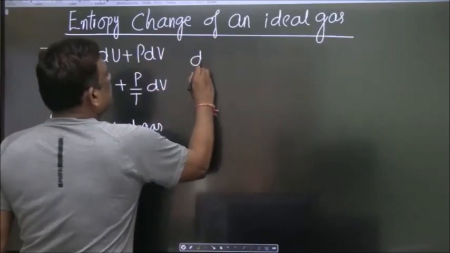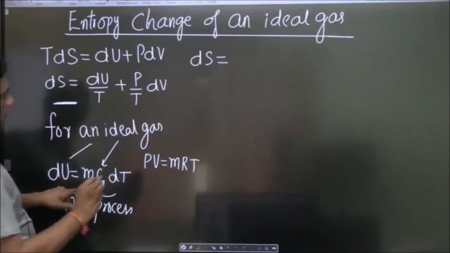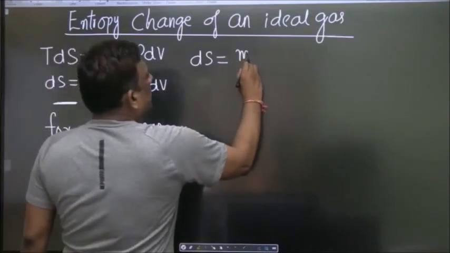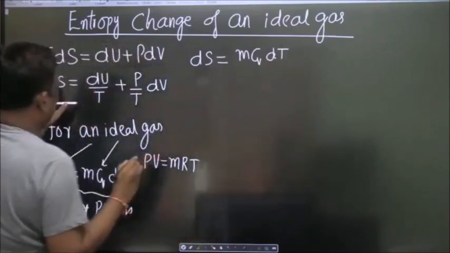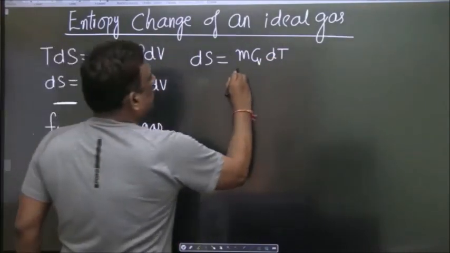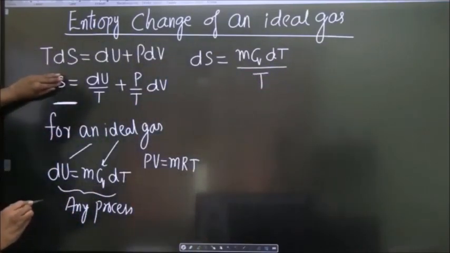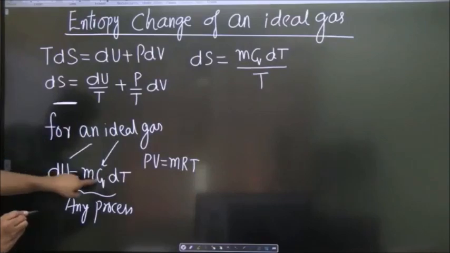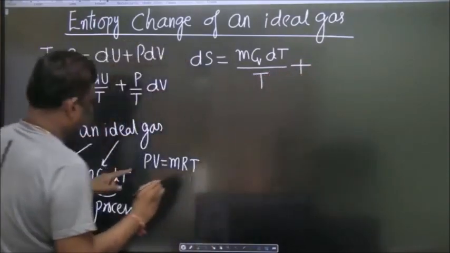So dS is equal to dU by T. What is dU? mCv dT. So dS is equal to mCv dT by T plus P by T dV.